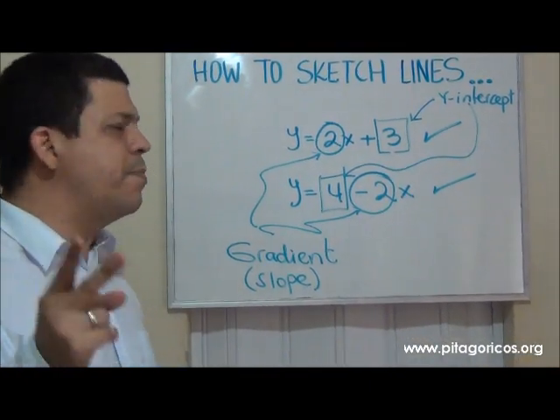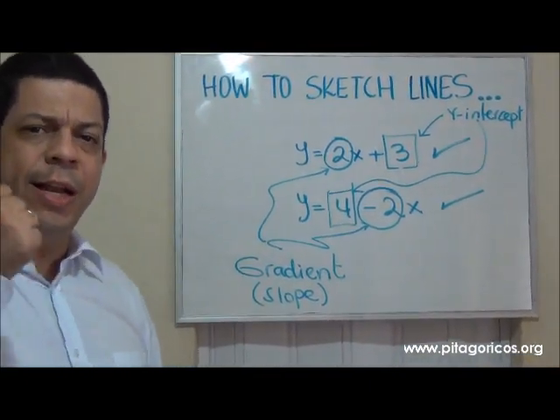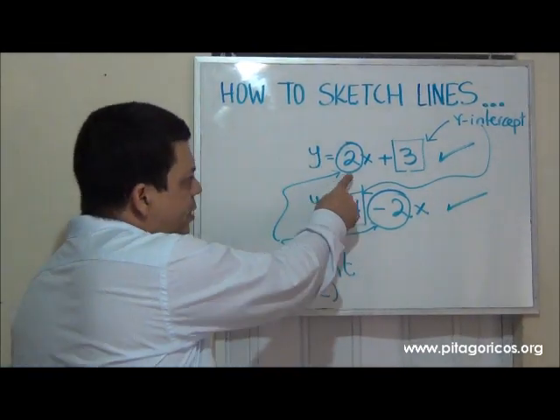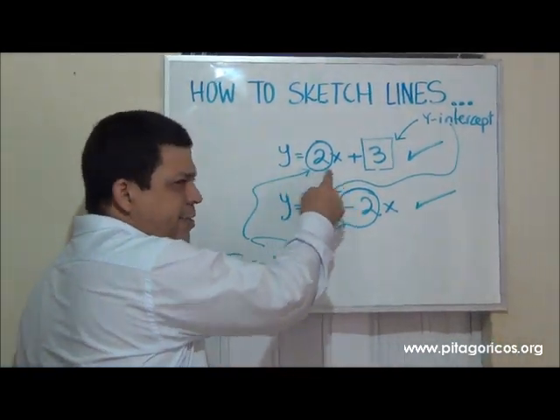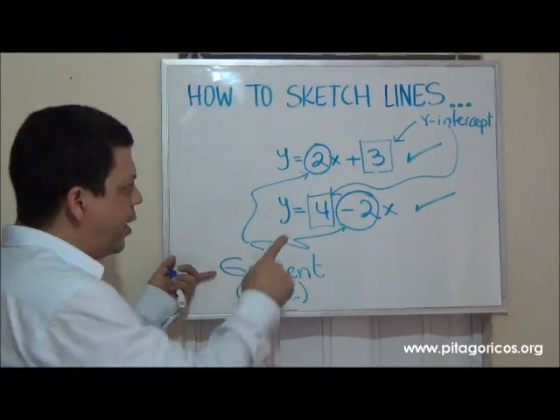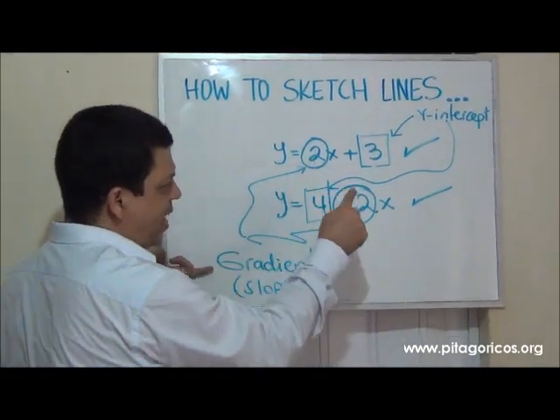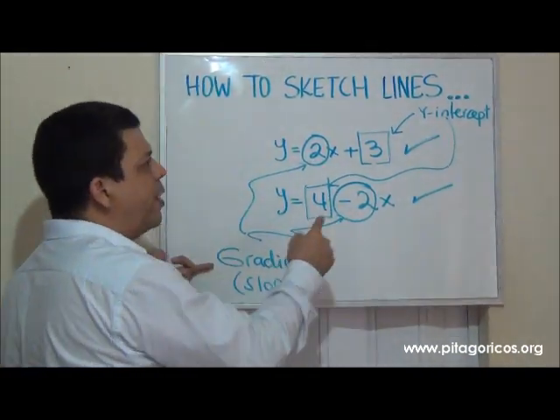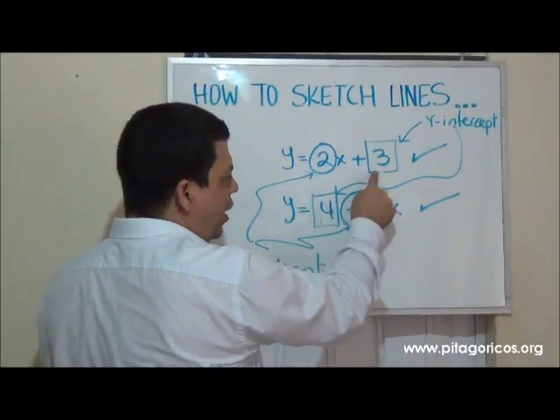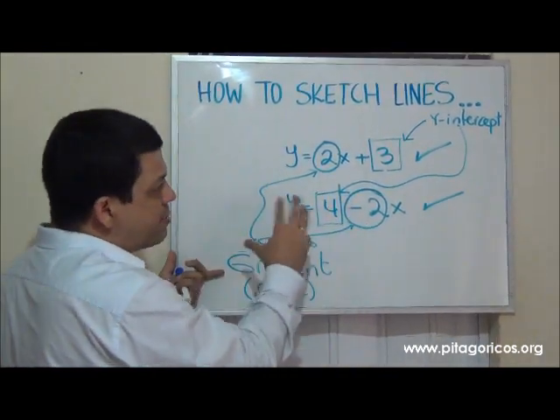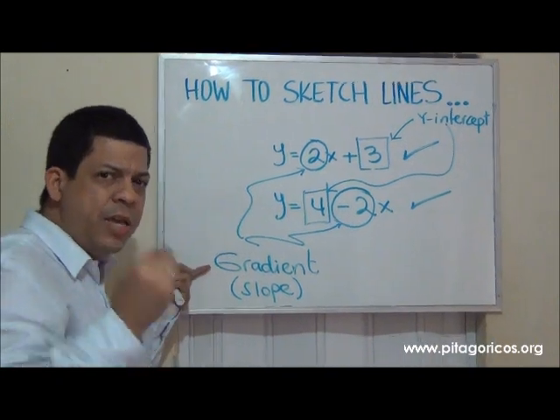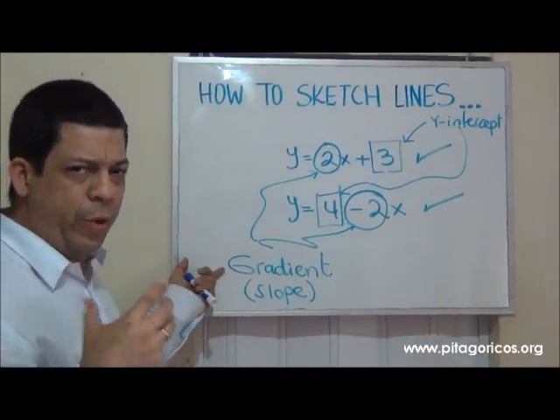So remember, two important values in every linear function. The gradient, the one that is next to the x, that we call the coefficient of x. That is, in this case it is 2, in this case it is -2. And the other value is the y-intercept, which is 3 or 4. As you see, it doesn't matter the order. The important thing here is for you to know which one is which.